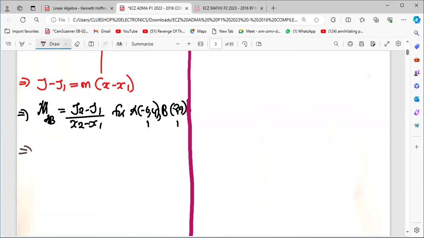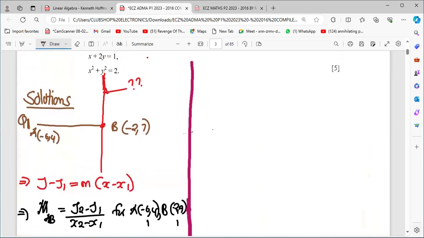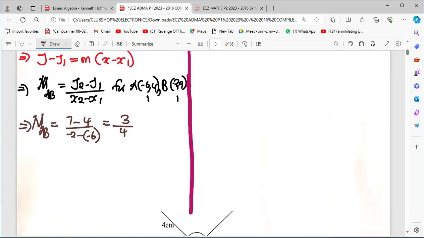So now this implies that the gradient of line AB is equal to y2 minus y1, which is 7 minus 4, divided by x2 minus x1, which is -2 minus -6. The gradient here will be 3 divided by 4. But now we can see that the equation we want to find and the line AB are perpendicular.